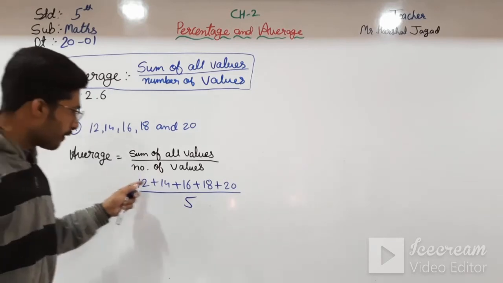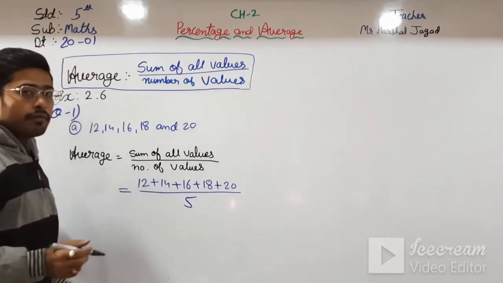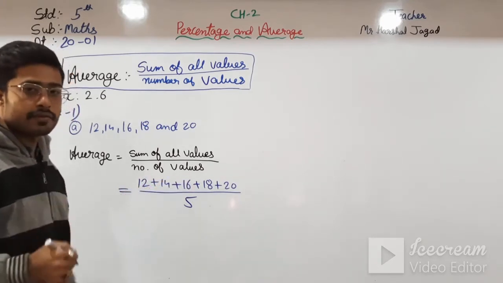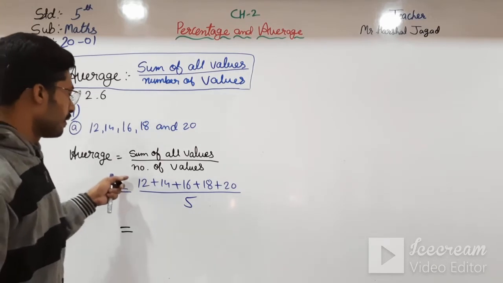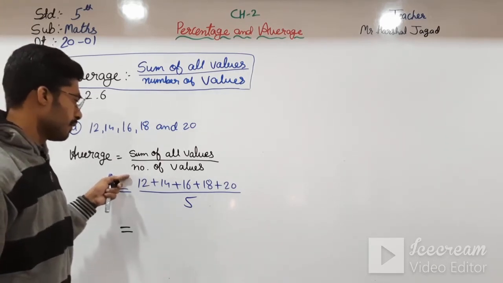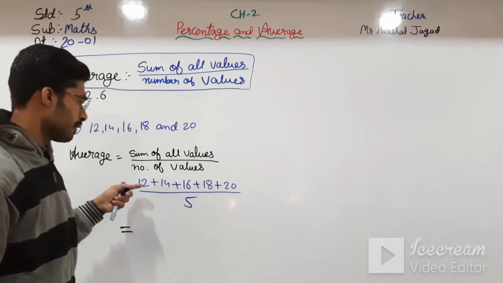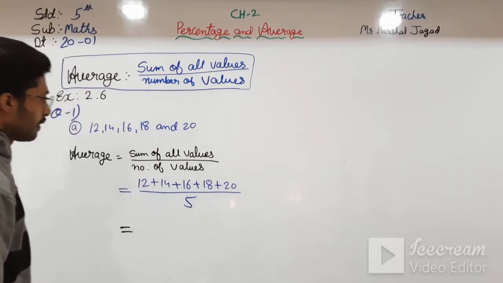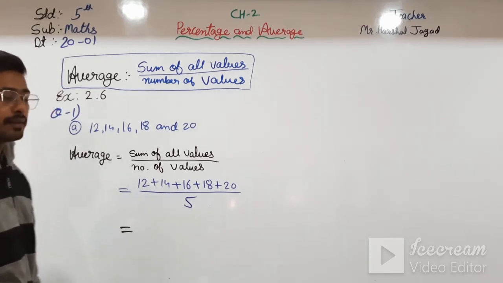Okay. Then we have to do the total. First of all, do the total by yourself. I am just doing the total by myself here. Have you done this, students?